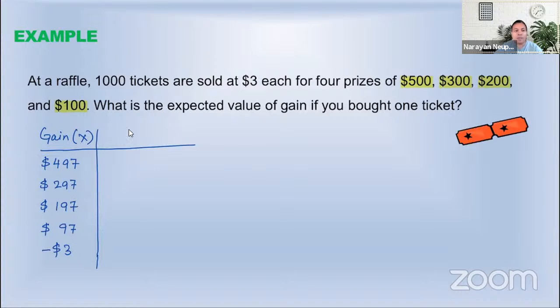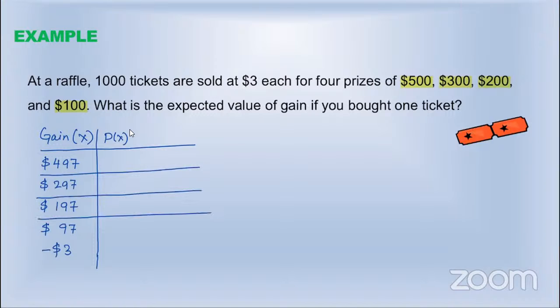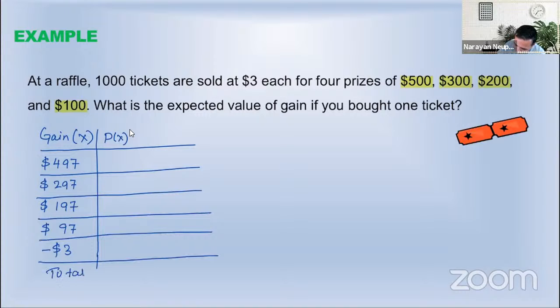Now, if you want to find the probability of gaining, probability will be, okay, let me do this a little bit just to make it a little beautiful. Okay, total. I don't need to add P of X. If I add, it will be 1.